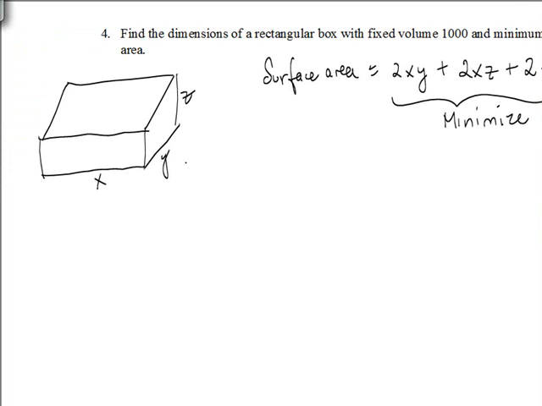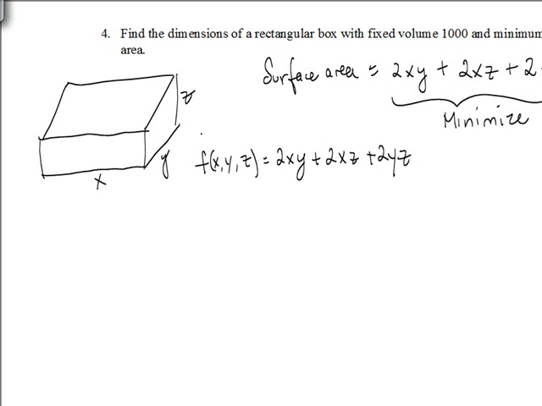Let's write out our functions. So f of x, y, z is 2xy plus 2xz plus 2yz. Oh, and by the way, we forgot to write out our volume. Let me write it on top of this f.